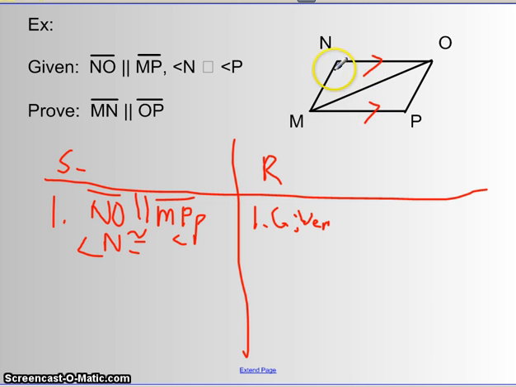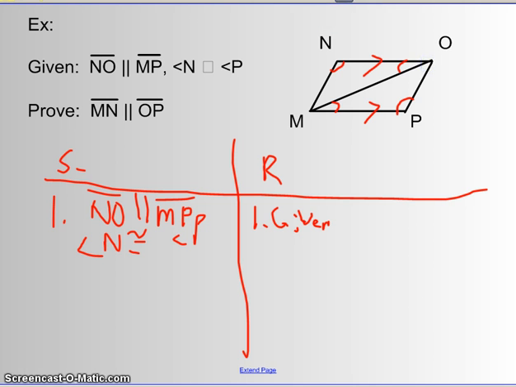And then we got that N is congruent to P. Alright, so that's our markings. It looks like I've got a transversal here. I think I'm going to go ahead and say next that this angle is going to be congruent with, I'm going to say that this angle is congruent with this angle next.